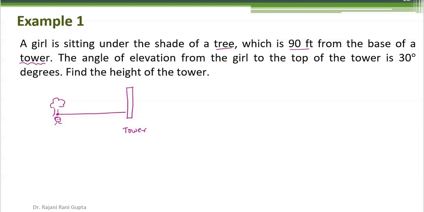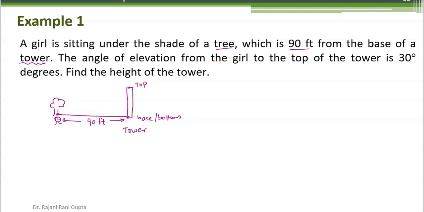So the distance between the girl and the tower is given as 90 feet. It means this distance is 90 feet. Then the angle of elevation from the girl to the top of the tower. This is the top of the tower. If this is the base, which we sometimes call the bottom as well, this is the top.